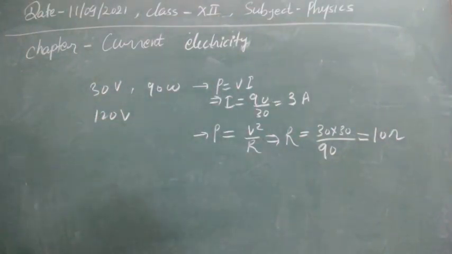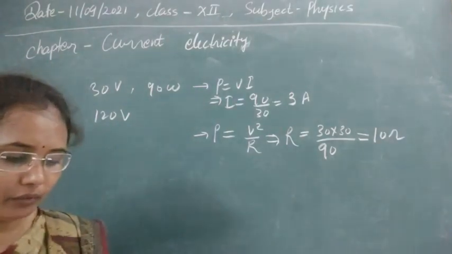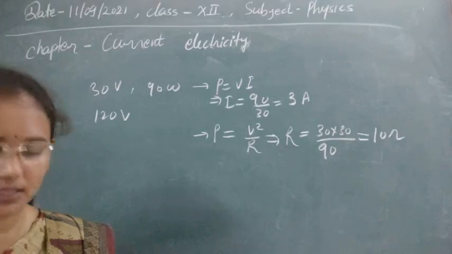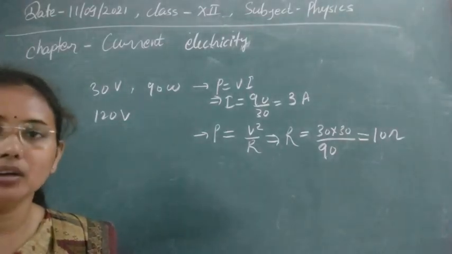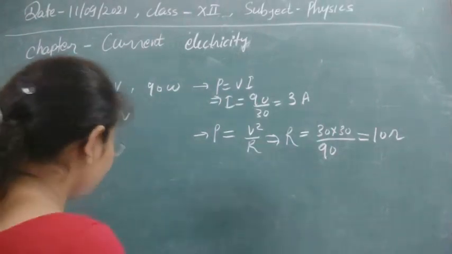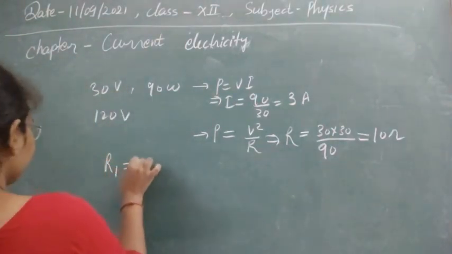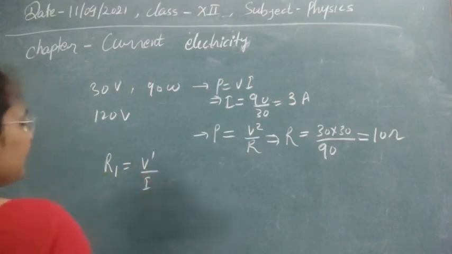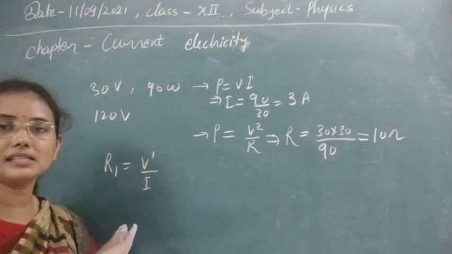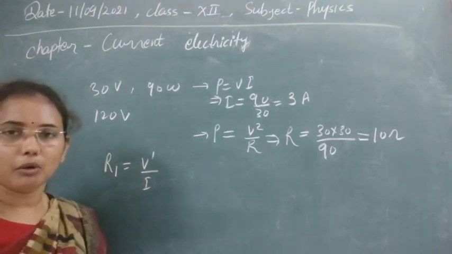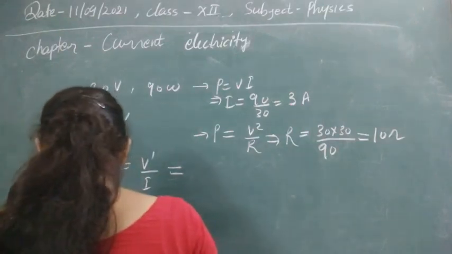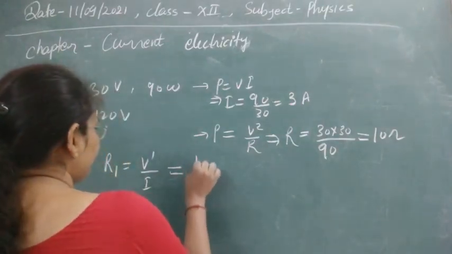Now if the bulb is to be operated on 120 volt, then the required total resistance, suppose R1, to maintain the current of 3 ampere can be calculated as R1 is equal to V dash upon I. Because we are connecting the bulb and resistance in series, the current will be the same, the potential will change.